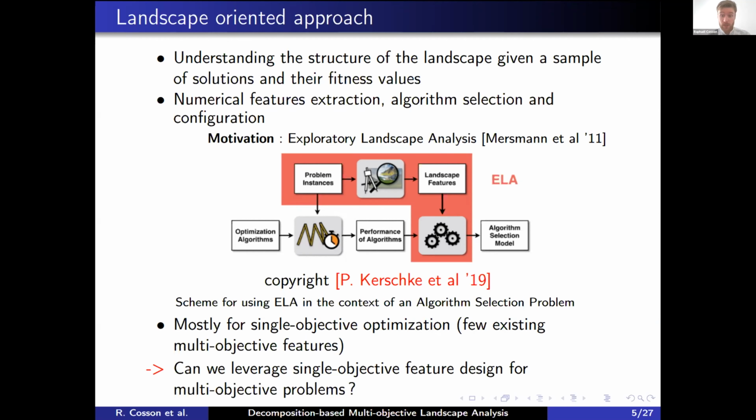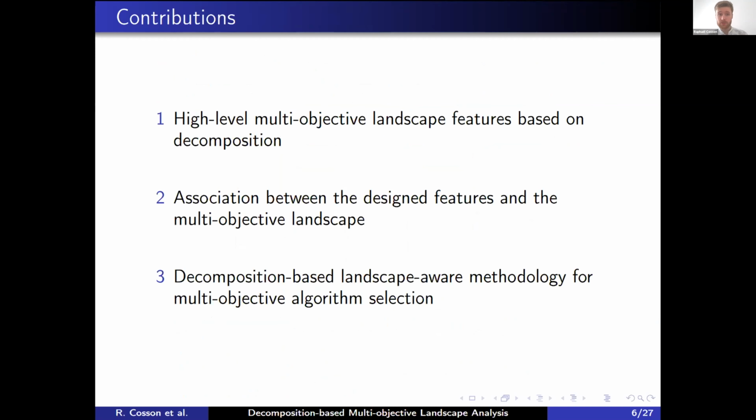However, landscape analysis has been mostly studied for single-objective optimization. There are a few existing multi-objective features based on dominance or indicators, but in this work we are interested in how we can use previous single-objective landscape analysis work, this time for multi-objective optimization problems. The contribution of this paper can be divided into three parts.